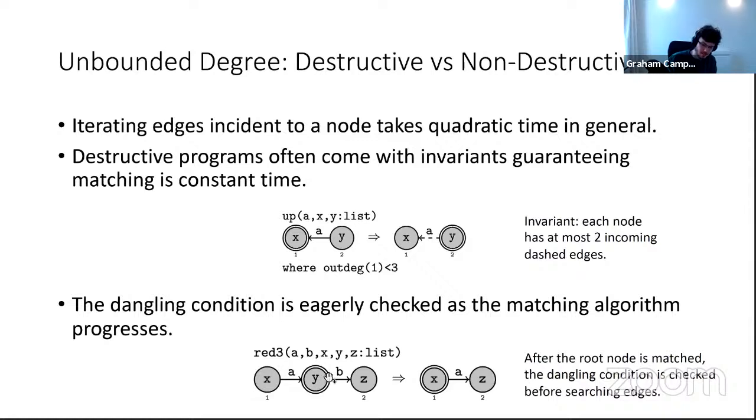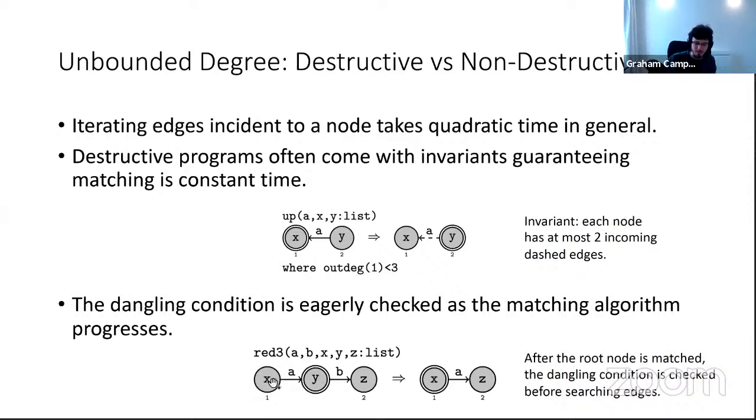So the generated code is going to say, well, let me just check the in degree and the out degree of this node. If they're not exactly 1, then we need to find a different root node. And well, the process of finding a different root node is going to fail immediately, right? Because there's only 1 root node in your graph. This was an invariant, right?